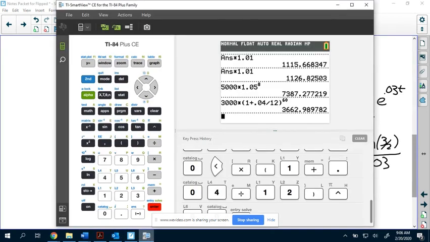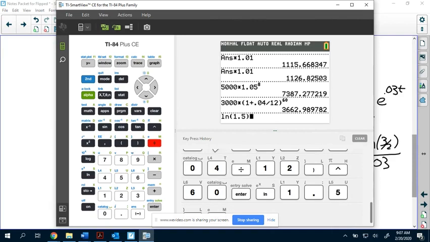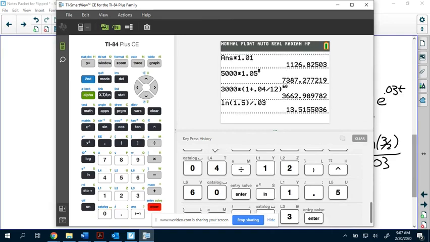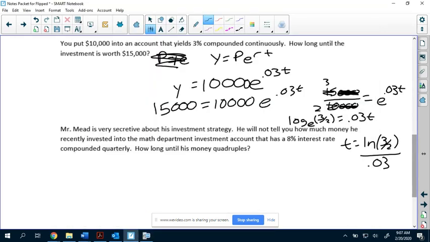So if we go into our calculator, the natural log of 3/2, being 1.5, and then divide that result by 0.03, will tell us how many years it would take. It takes 13.516 years for the investment to hit $15,000.